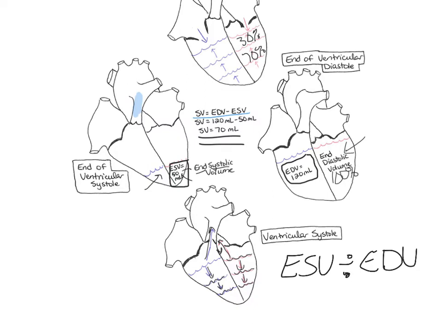So what would be your ejection fraction then? Does anybody have a phone out? They can do that? 41.67%. Right, so like 42% would be the ejection fraction then, 42% in this case. You're just looking for the percentage instead of the actual volume.